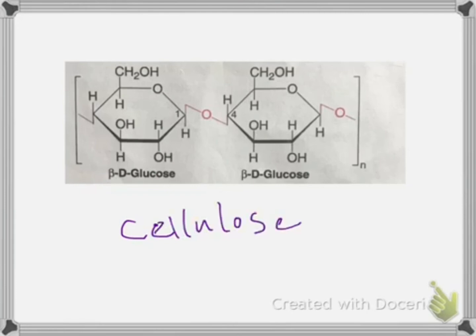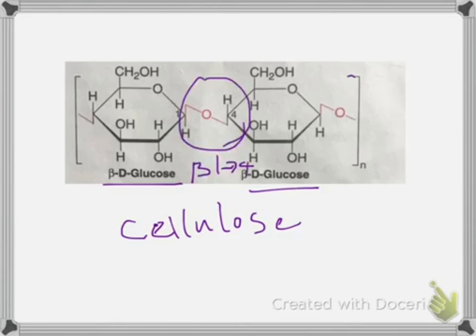Here you can see two beta-D glucose units linked by the beta-1,4 linkage. So n times this repeats to form the cellulose.